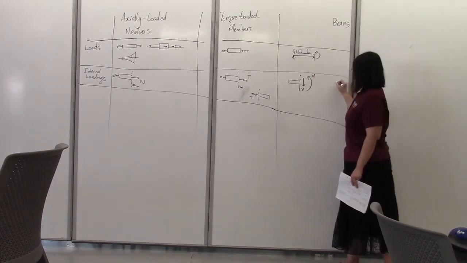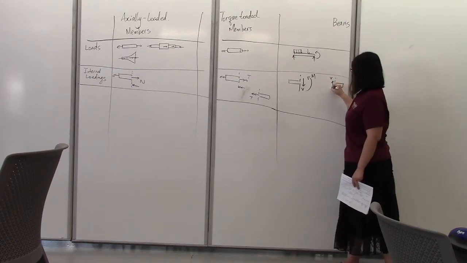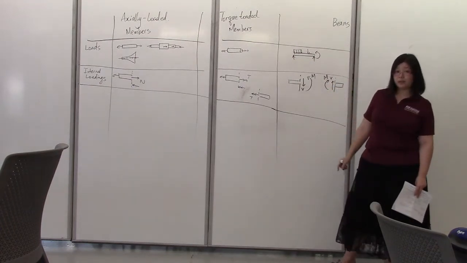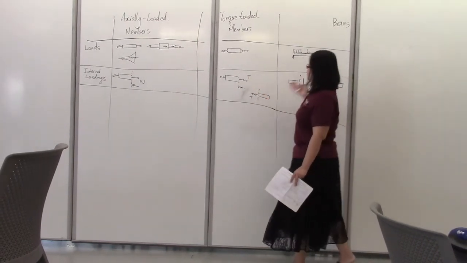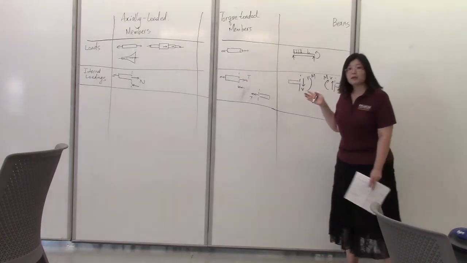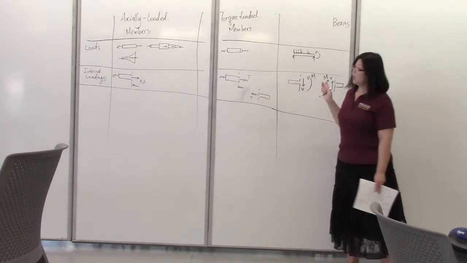Now from the other side, V is positive upward and M is positive in the clockwise direction. Okay. Now to obtain the internal loadings for these three types of cases, it's always important that we use method of sections and we make cuts.